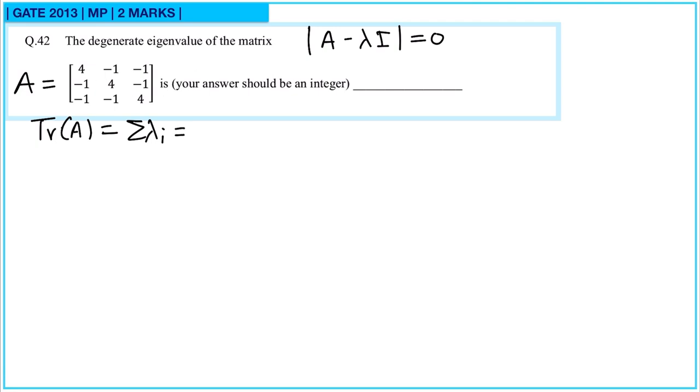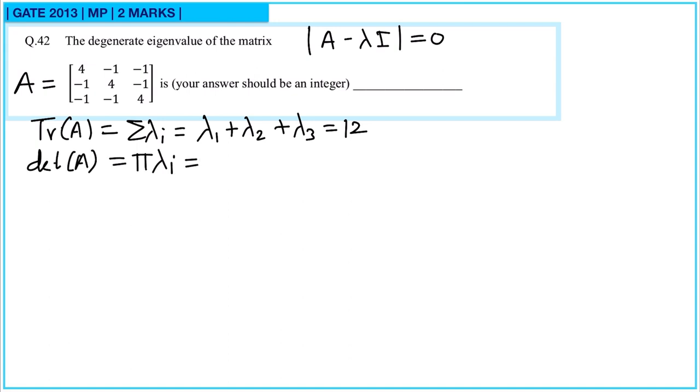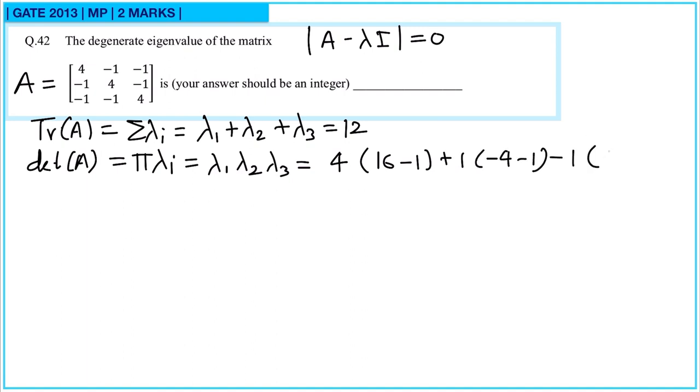Here trace is 4 plus 4 plus 4. So that means lambda 1 plus lambda 2 plus lambda 3 is equal to 12. Also we have determinant of A is equal to the product of the lambda values. So lambda 1, lambda 2, lambda 3 will be equal to the determinant. So let us find the determinant as well. So 4 into 16 minus 1, minus 1 into 4 minus 1, plus 1 into 1 minus 4.